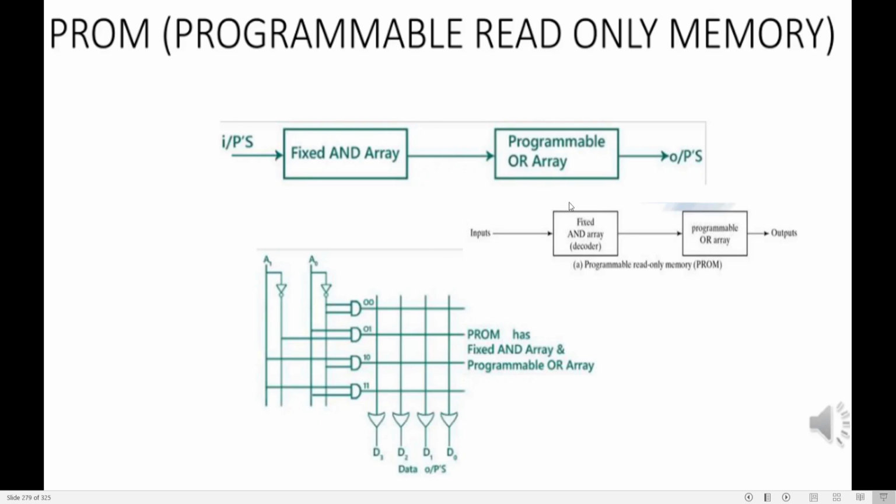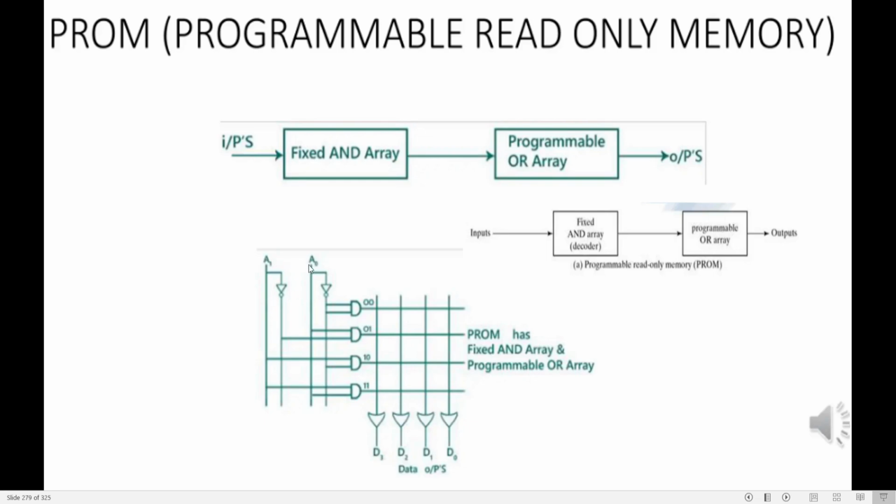Okay, let us see the first example. This is an example of PROM. It has fixed AND gates and programmable OR gates, or you can draw this block diagram, fixed AND array obtained using decoder. If I give n inputs, I get 2 power n product terms or AND terms. Now see, I have two inputs, A1 and A0. This is my true form, this is my complement form. This is my true form, this is my complement form.